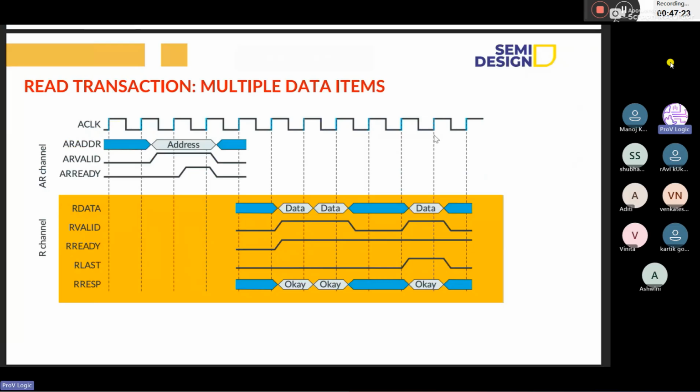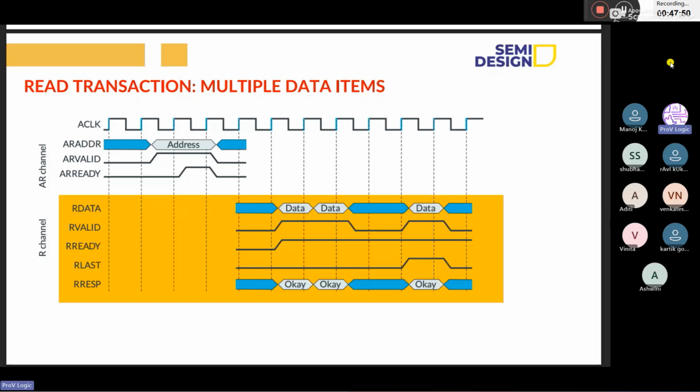Suppose you see here, this is one entire read transaction. In this one read transaction, how many transfers are there? Data 1, data 2, data 3, data 4, so 4 or 5 transfers will be there. That entire thing we call one transaction. Like that, we can send tens or hundreds of transactions at a time.